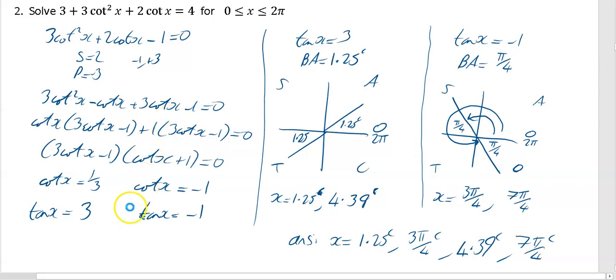It's maybe not very obvious where I'm getting those from in ascending order, so just go through. As you come round the circle here, the first one I come to is in the first quadrant, so that's why it's first. This one's in the second quadrant, that's why it's the second one I come to. This is in the third quadrant, that's the third one overall I come to. And this one will give me 4.39, and this one was in my last quadrant, so it's my last one that I found. Okay.